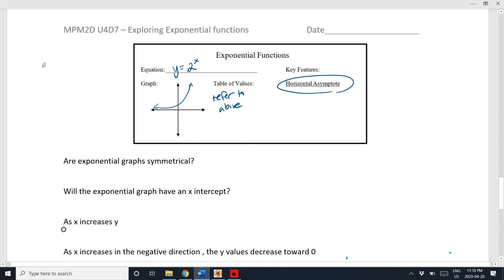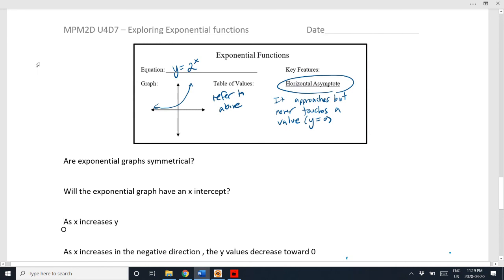It approaches but never touches a value. In this case, it approaches the y value equal to 0, but it'll never actually touch it. As I said, it's y is equal to 0.